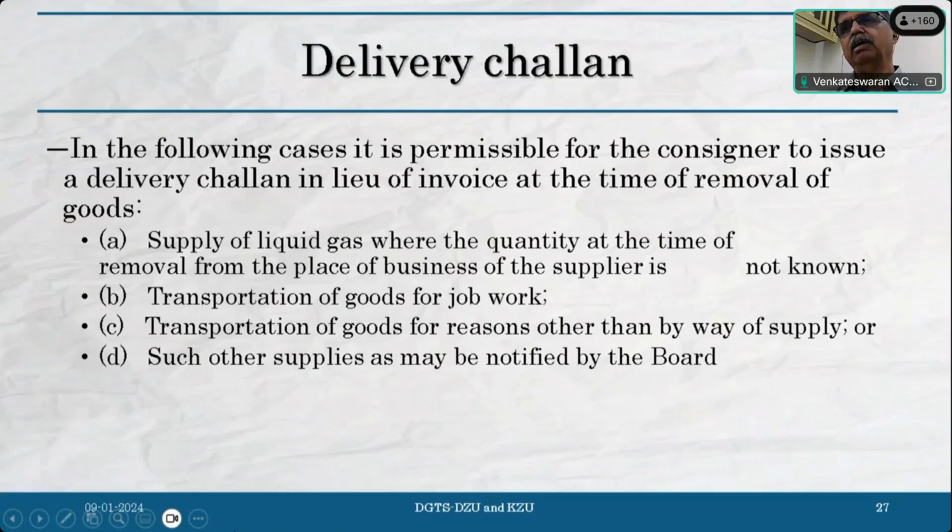That's why we say that for the movement of goods, proper documentation is very much required. So a delivery challan is required for transport of goods for job work, transport of goods for reasons other than by way of supply, or such other supplies as may be notified by the CBIC or board.